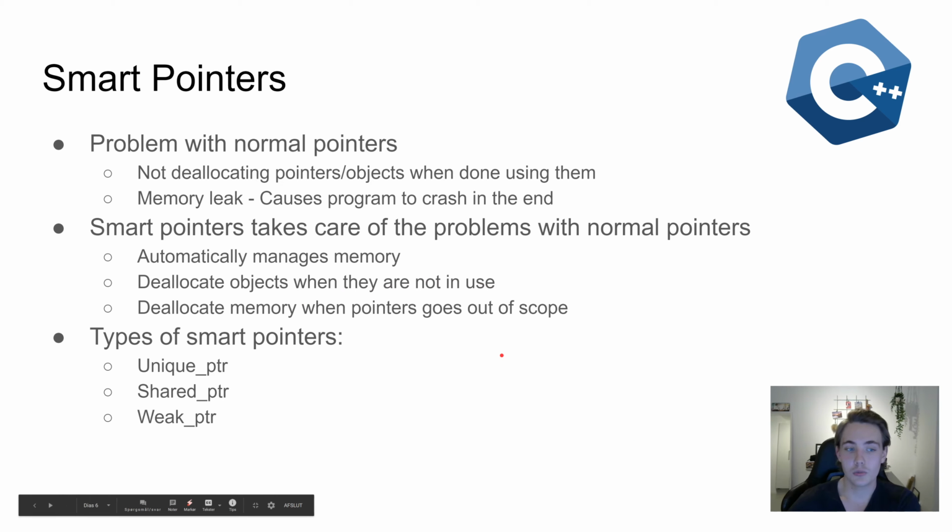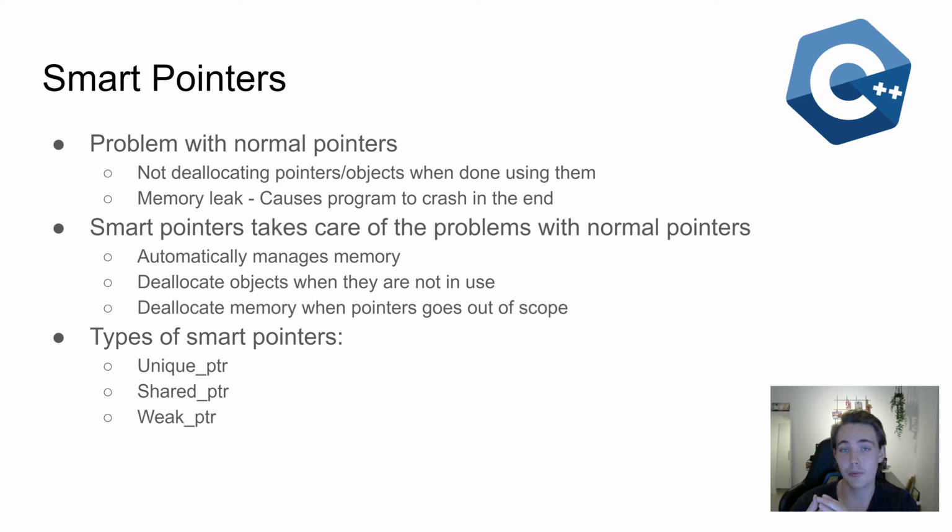To avoid this, we can use smart pointers, which are built into C++, and I'll make a new video on them because, as the name says, they're really smart. They automatically manage the memory and deallocate the objects or pointers when they're not in use, which means the memory where the pointers are stored will be deallocated when the pointers go out of scope.